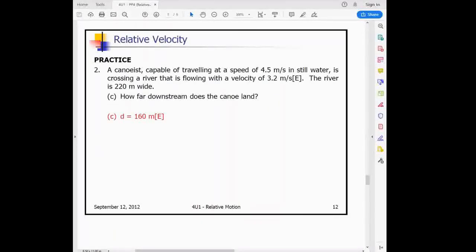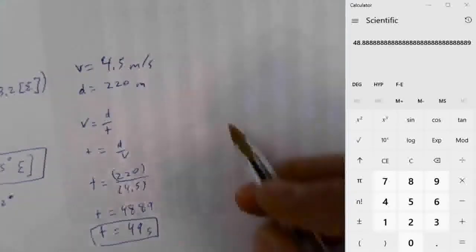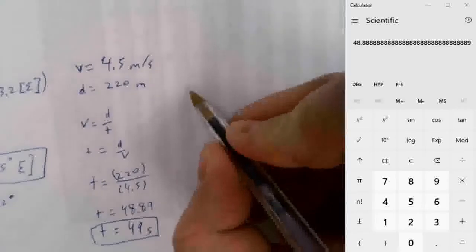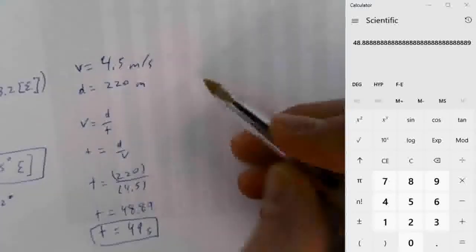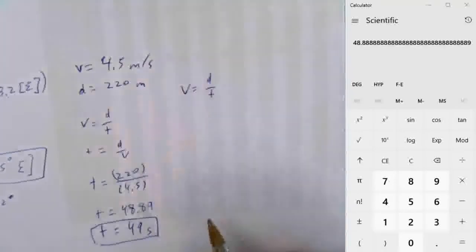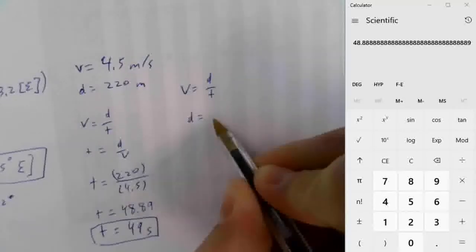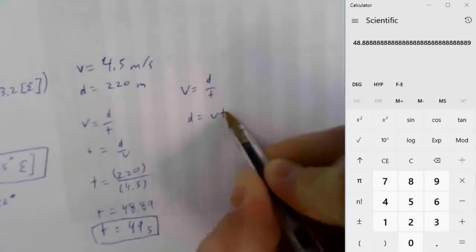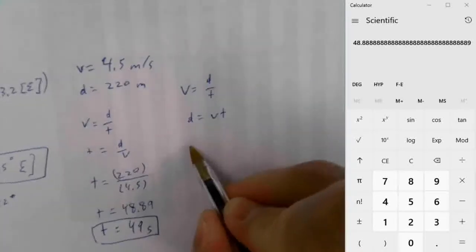How far downstream does the canoe land is the next question. So to find out how far downstream the canoe lands, we now know the time it took. We can go back using this equation, v equals d over t, and I can write that as d equals vt. This will tell us how far it lands downstream.